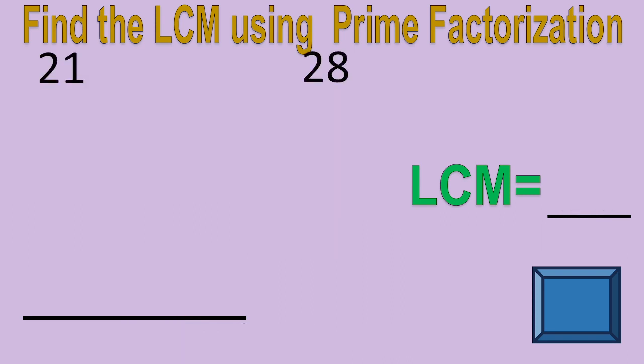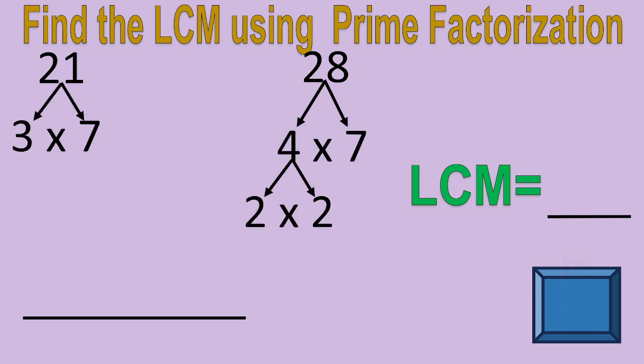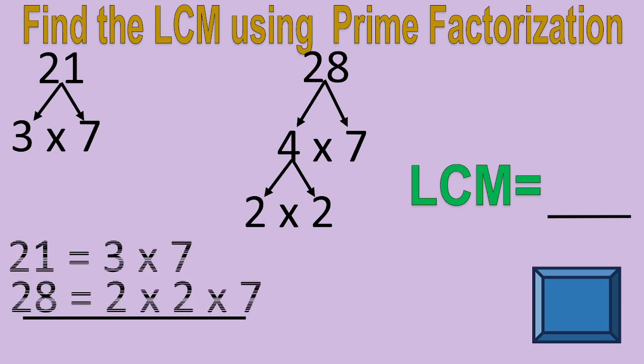Another: 21 and 28. Times up. The answer is: the prime factorization of 21 is 3 and 7.